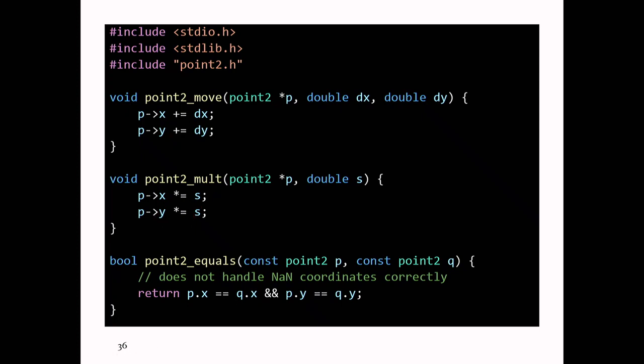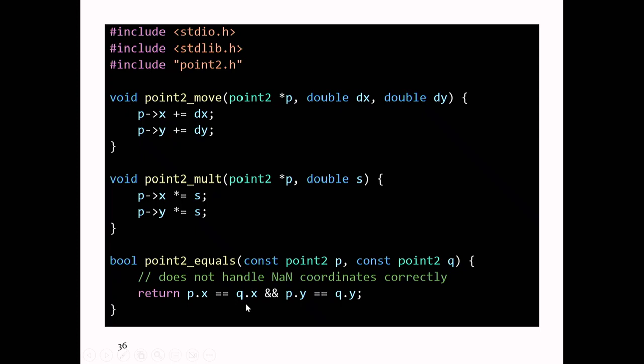Okay, so what about equals? Well, I want to compare p->x and q->x, and p->y and q->y. If they're both equal, then the points have the same coordinates. The slightly incorrect way of doing this is to write return p->x == q->x and p->y == q->y. Why is it slightly incorrect?